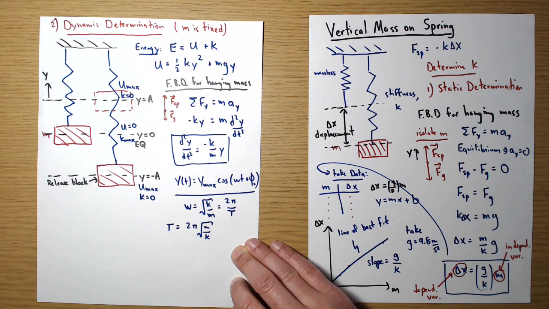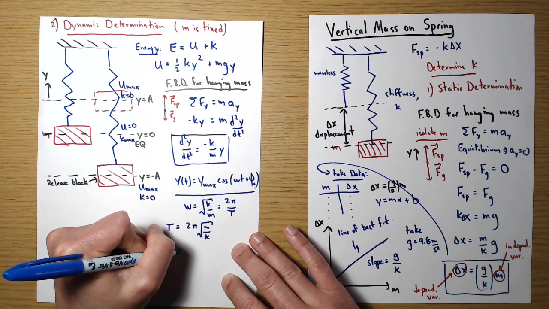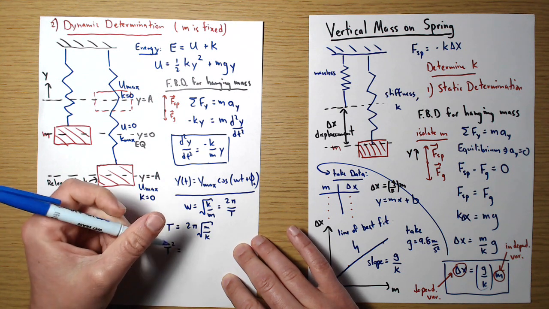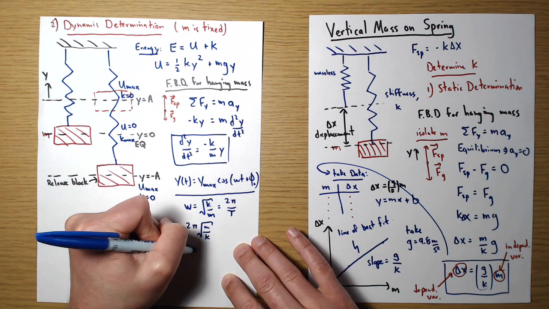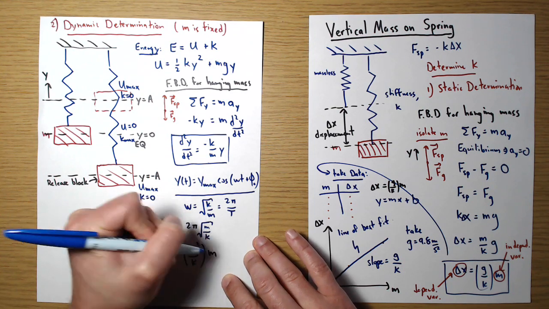Now this equation is still a little bit clumsy, so I'm going to square it to get rid of the square root. What I get is T squared equals 4 pi squared over k multiplied by m.